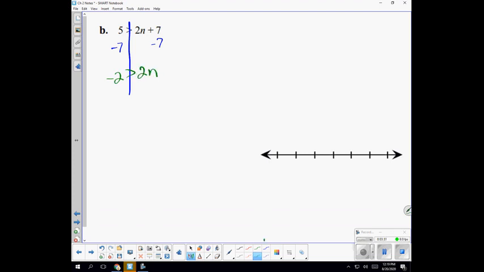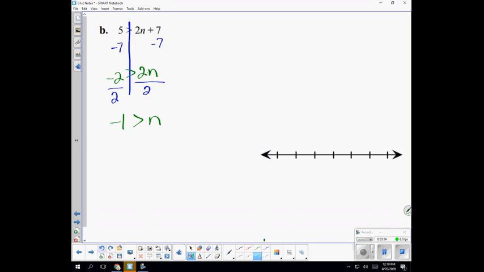Now we need to undo this multiplication that we have going on here. We're going to do that by dividing both sides by 2. That gives me negative 1 is greater than n. Okay? We did not flip the sign because we did not divide or multiply by a negative. Even though we have a negative on this side of the equation, we didn't multiply or divide by a negative, so we did not flip the sign.